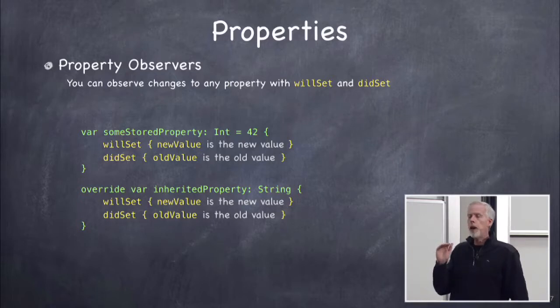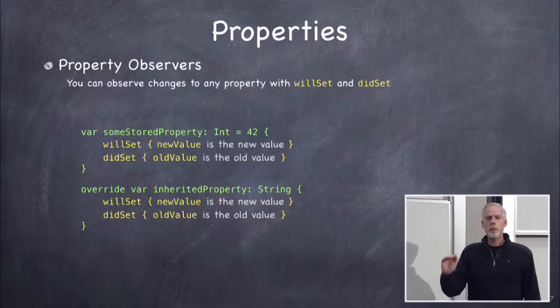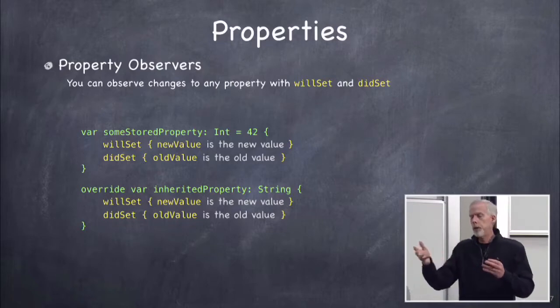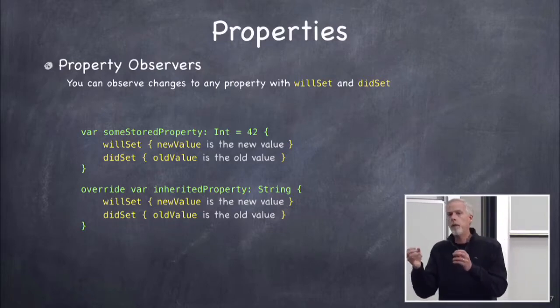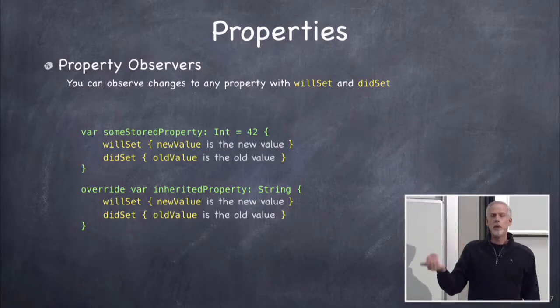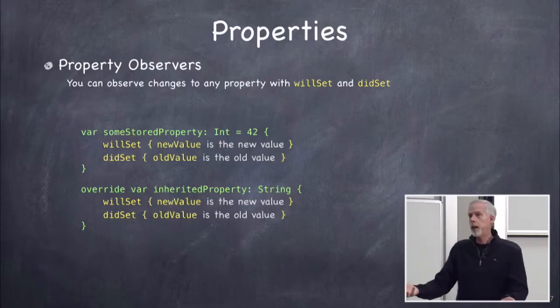You can find out just before your property changes, or just after your property changes, or both. This works for your stored properties, like user is in the middle of typing, where we could put a property observer on there and execute some code every time we change that. It also works for inherited properties. So if you inherit something from your superclass, you can put these property observers in and notice that it changed.